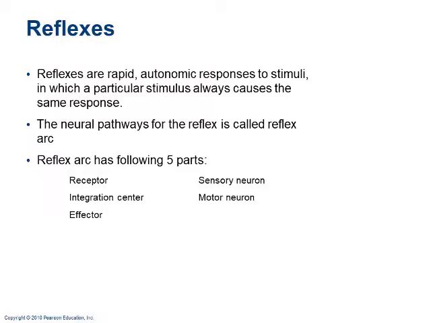Let me give you another example. A very common reflex is here. Knee jerk, knee reflex, right? So what do you do? You hit the patellar ligament here, right? When you hit, the ligament has receptors, stretch receptors, okay? So you are activating the receptors, make sense? So those receptors send the signal where?